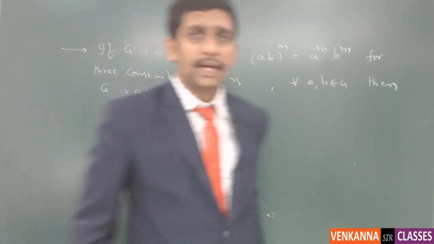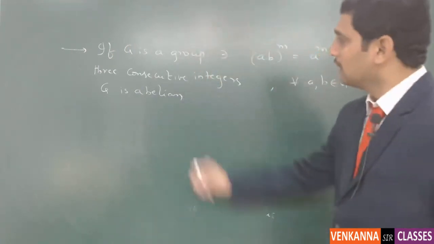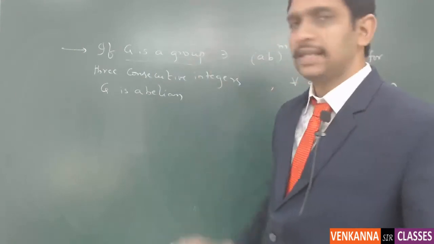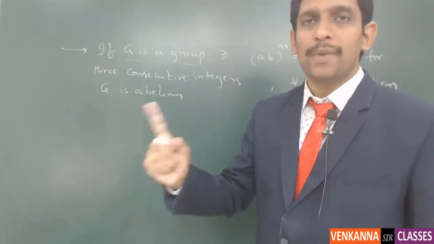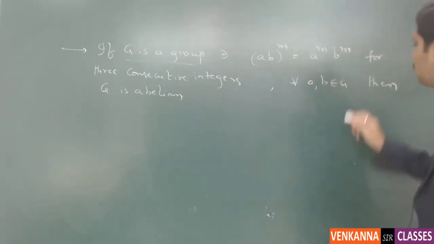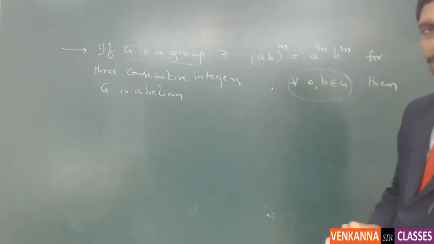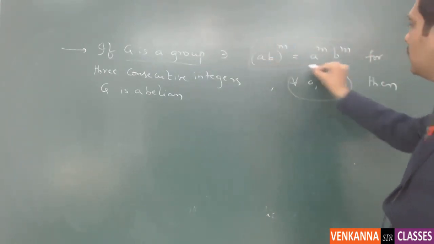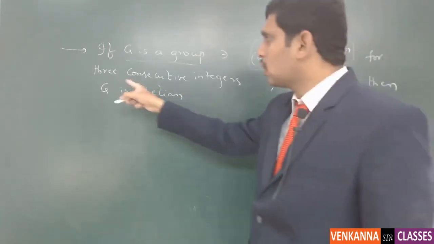If you look at the hypothesis of the problem, it is given that G is a group with one additional property: whenever you take any two elements in the group, this property holds for three consecutive integers.